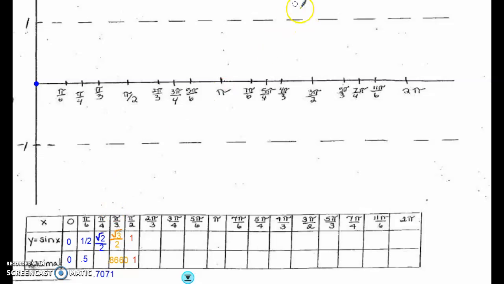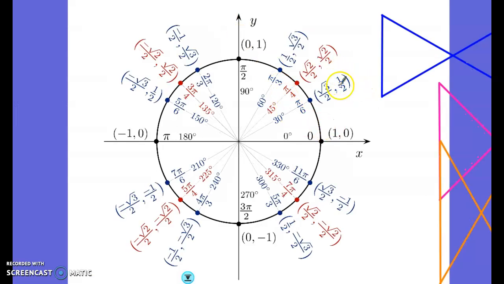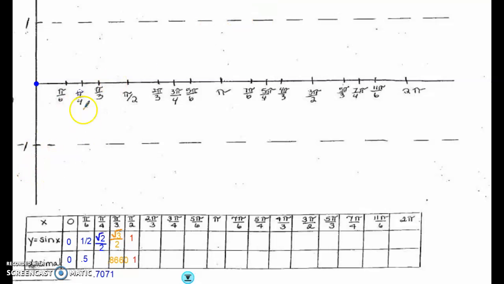Then at pi over 6, the sine is 1/2. If this is 1 and that's 0, about halfway, I need to be at pi over 6, about there. That might be a tad too high.